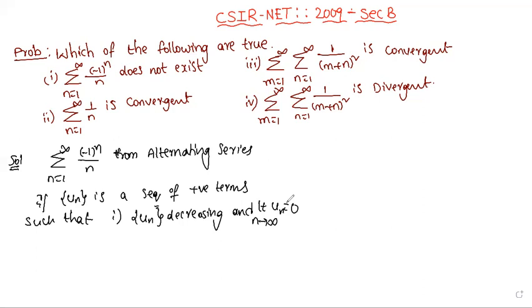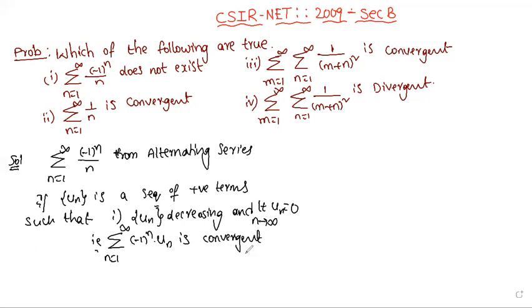Then the alternating series, that is summation n equals 1 to infinity, (minus 1) to the power n into un, is convergent. These two properties belong to alternating series. If both are satisfied, then it is a convergent series.